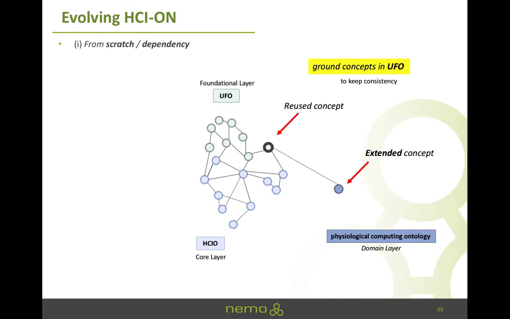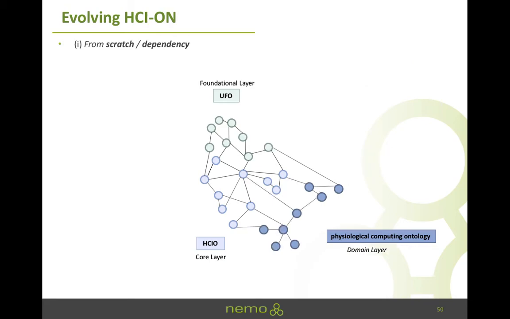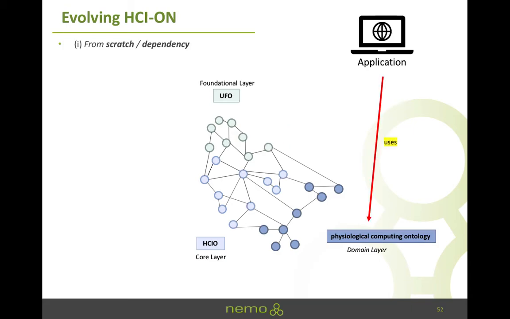We basically reuse concepts and ground concepts on UFO to keep consistency, and extend the conceptualization of the network as needed. The new ontology can use only needed concepts from the network. So now the application can use the ontology.